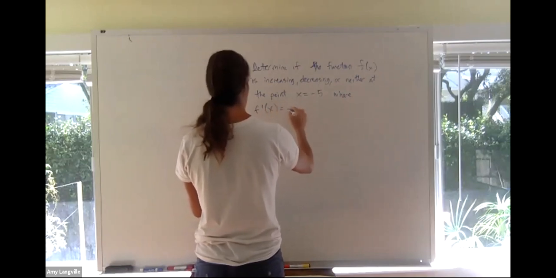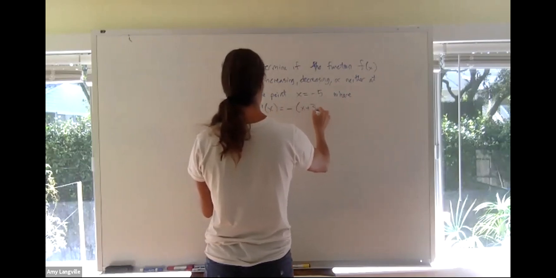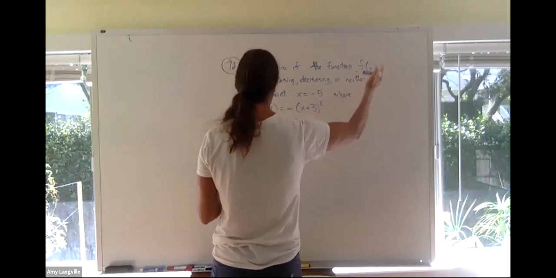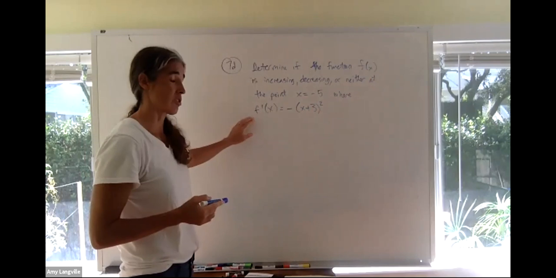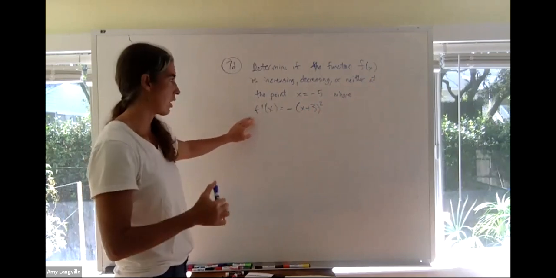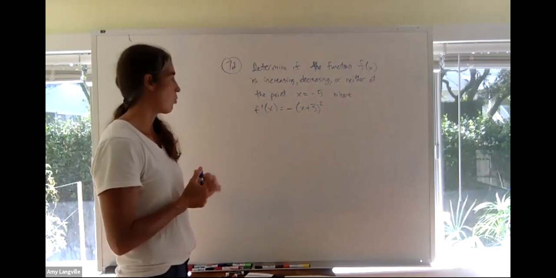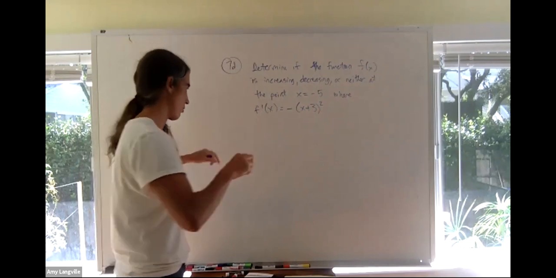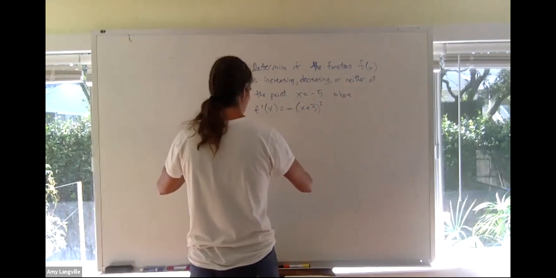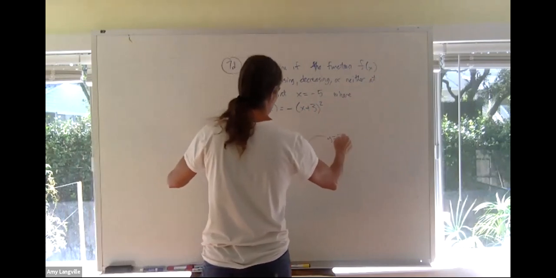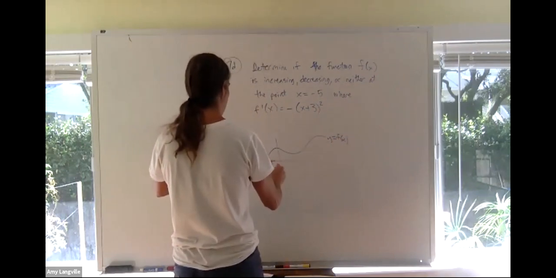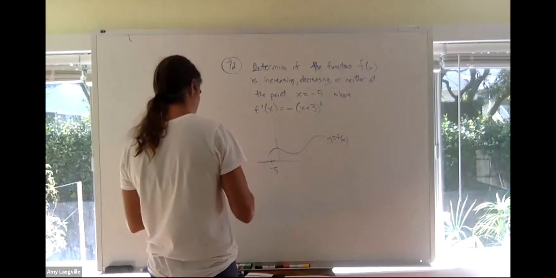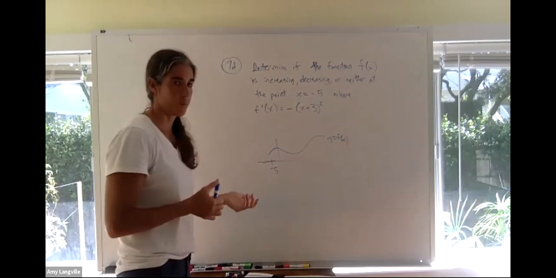So someone did some work and figured out for a function f, which they're not even giving us explicitly or algebraically, but they are giving us a function for the derivative. And they're saying, at that point, x equals minus 5 on this function, we don't even know what it looks like. Maybe it's like that. Is the function increasing, decreasing, or neither?